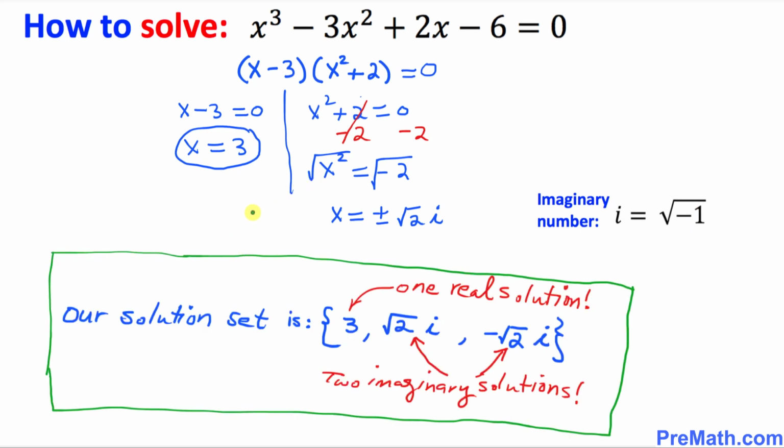Thus our solution set turns out to be x equal to 3, and then positive or negative square root of 2 times i. Just split them up: one is positive square root of 2 times i, and the other is negative square root of 2 times i. And by the way, 3 is the only real solution, while these two other solutions are called imaginary solutions.